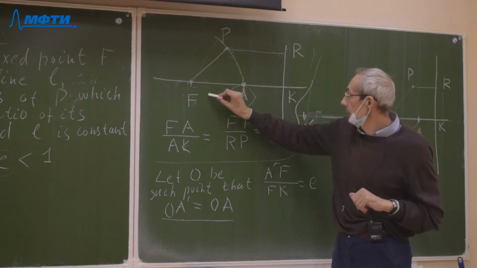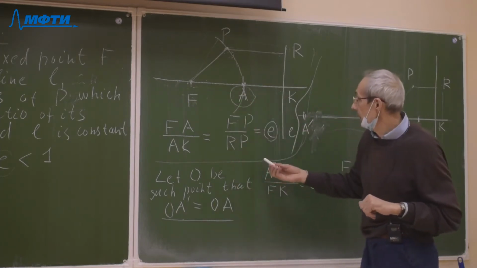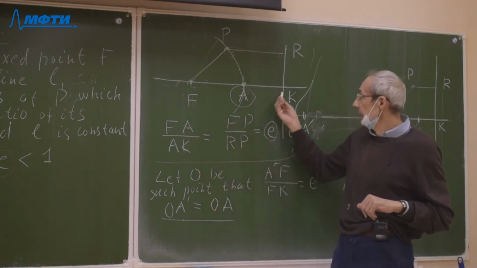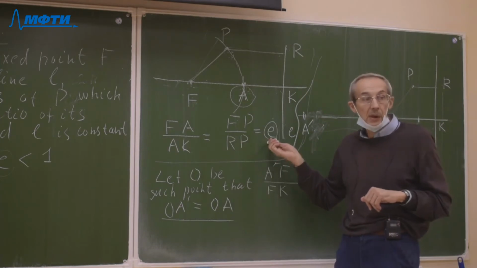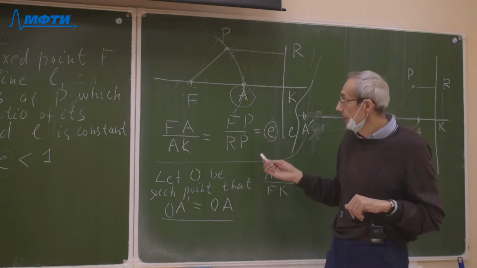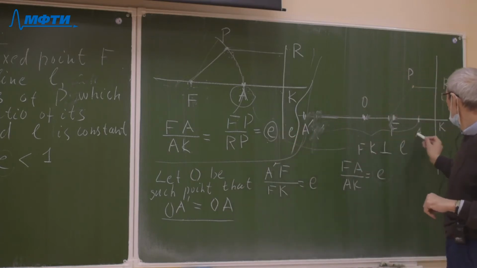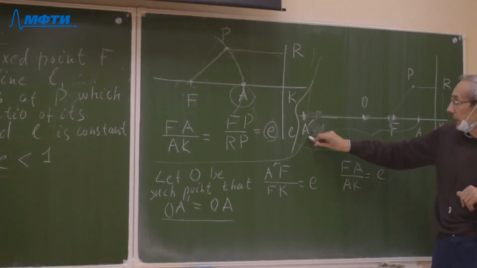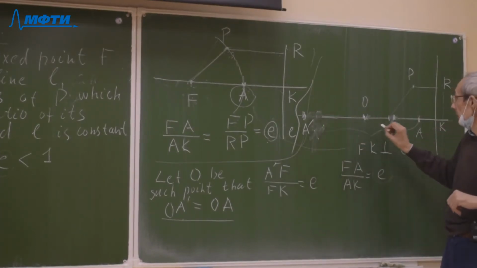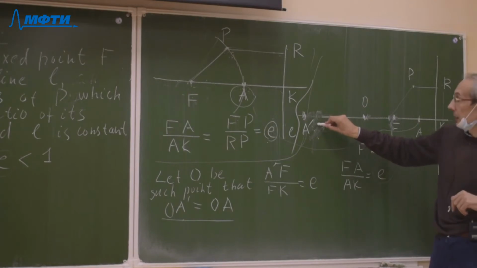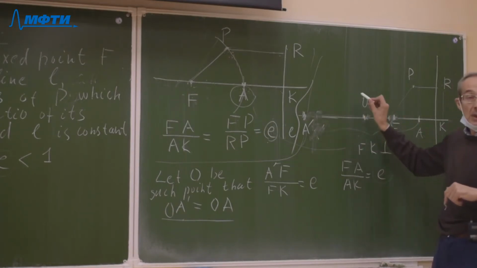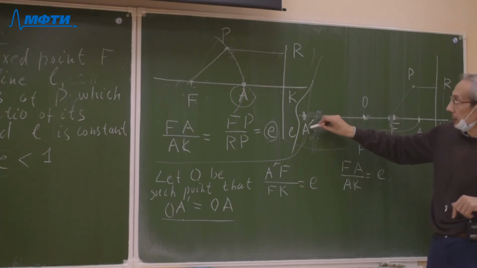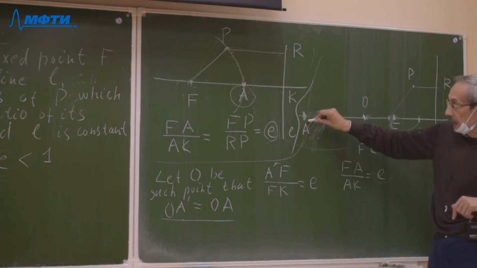This point is uniquely defined by the same condition. The ratio FA to AK is equal to the eccentricity E. And after that, let's consider another point A prime, which also belongs to our perpendicular and belongs to our above defined locus, namely belongs to the ellipse.